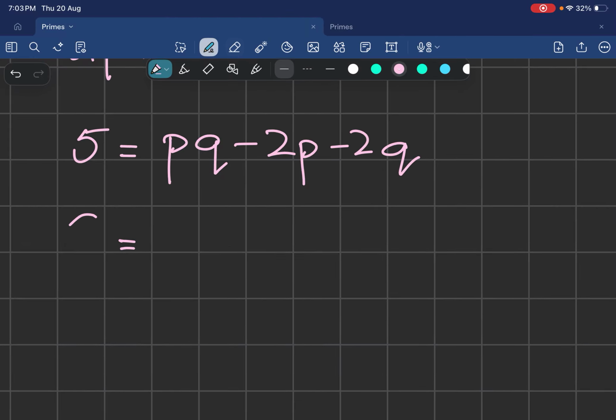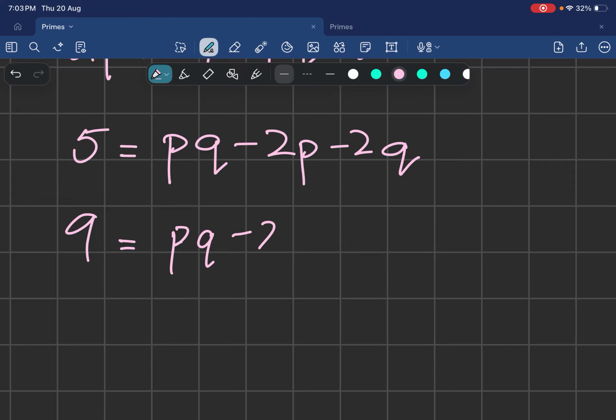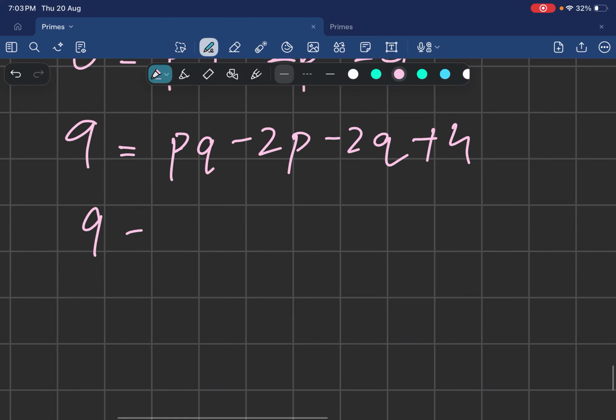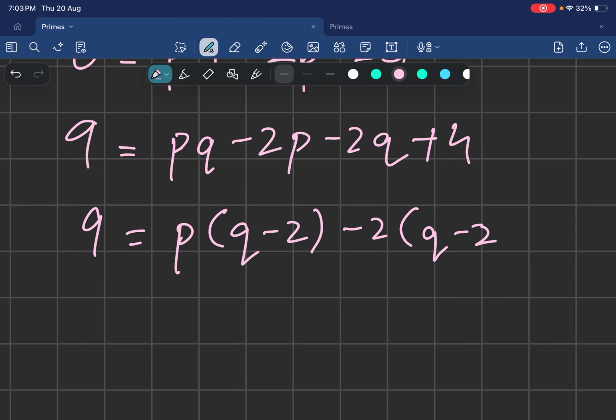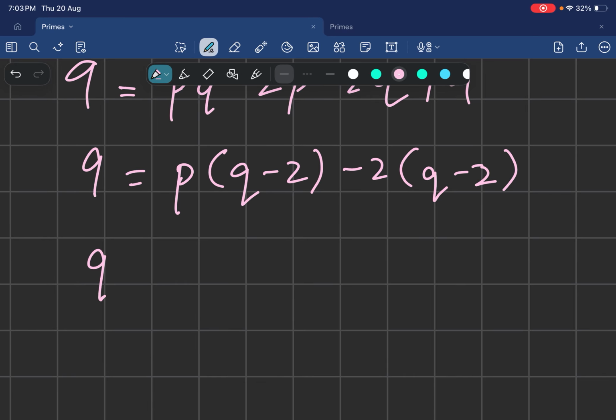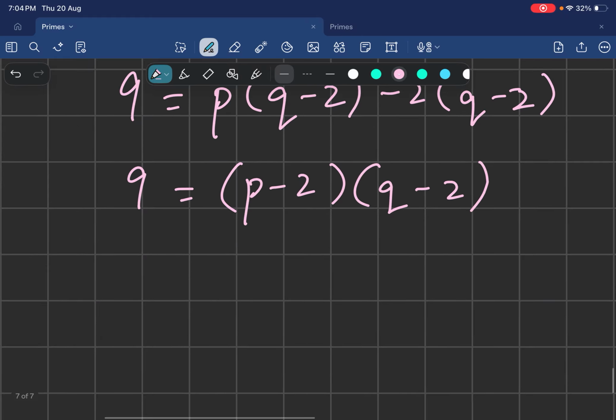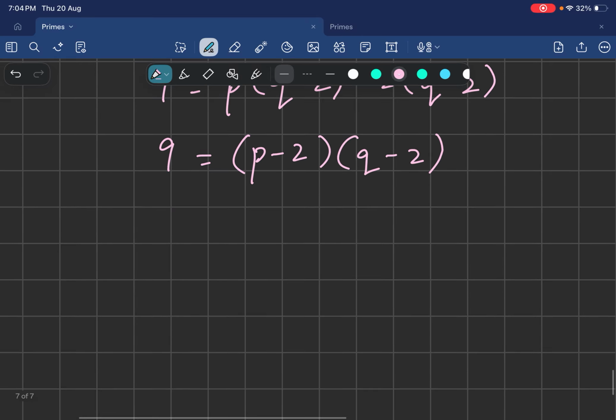So let's do that. 5 plus 4 will be 9, and pq minus 2p minus 2q plus 4. Now let me show you how we'll factor out. So minus 2q, and then we'll get q minus 2. You see, this is 9, and this is p minus 2, and this is q minus 2.